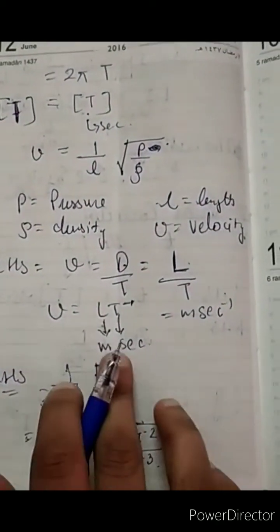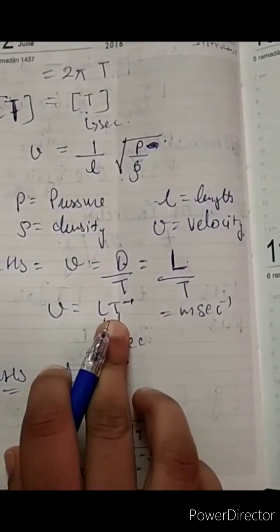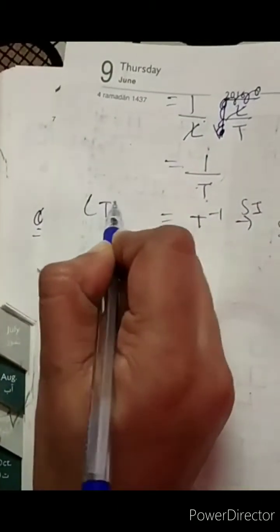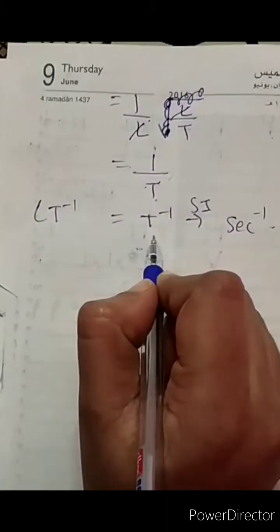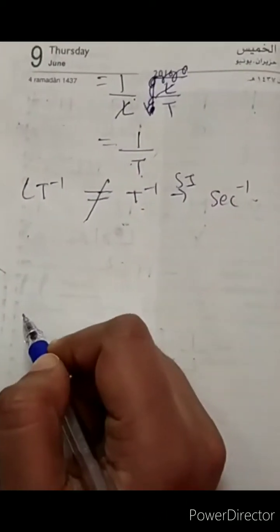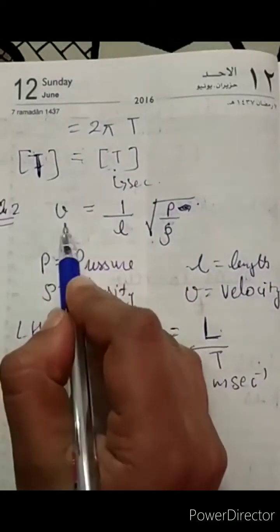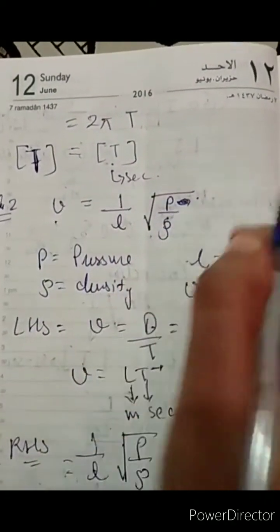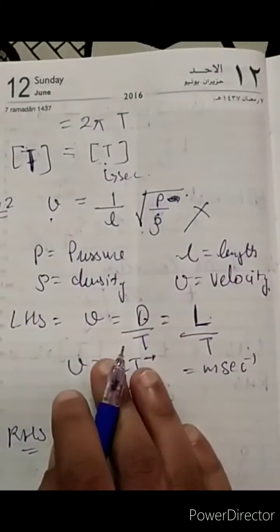And look, our RHS is meter per second, or LT minus 1, and in our LHS we have T inverse, so it means this doesn't equal. So this formula which you are trying to make, comparing velocity with this, is totally incorrect.